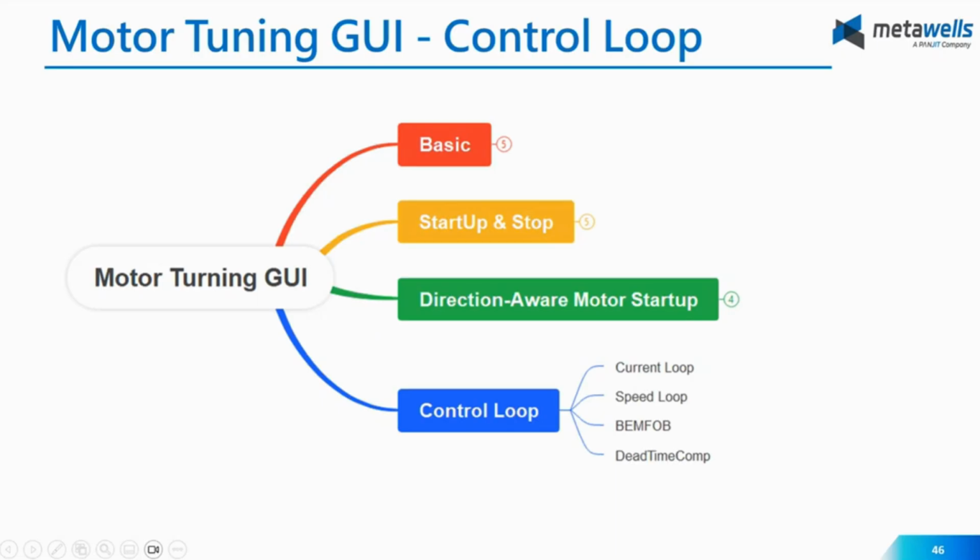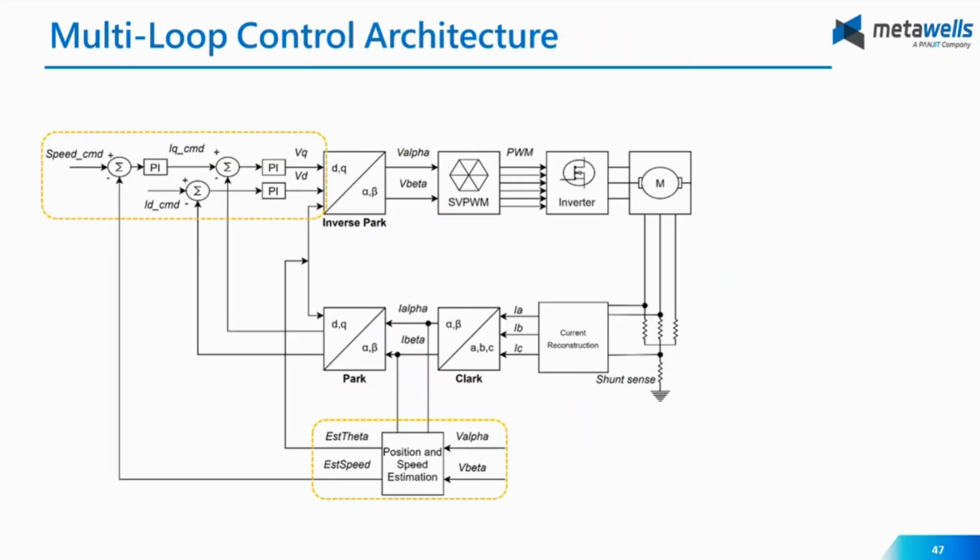Okay. Next, let's move on to the motor tuning GUI. Let's talk about the control loops first. The session covers a few control loops, like the current loop, the speed loop, and the observer. Let's review the multi-loop control architecture.